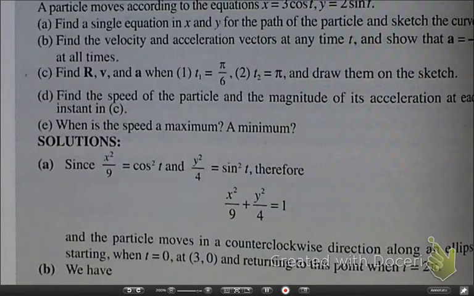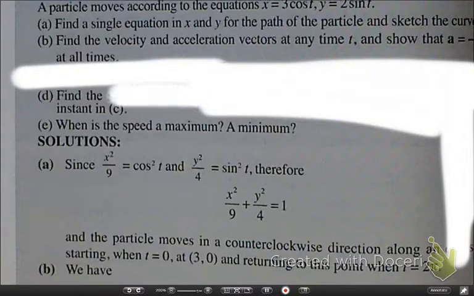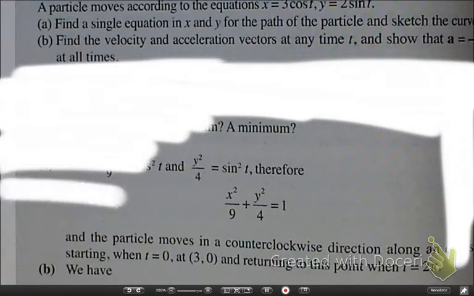All right, for the velocity vector, let's start with the position vector. The position vector would be r. It's just x comma y.